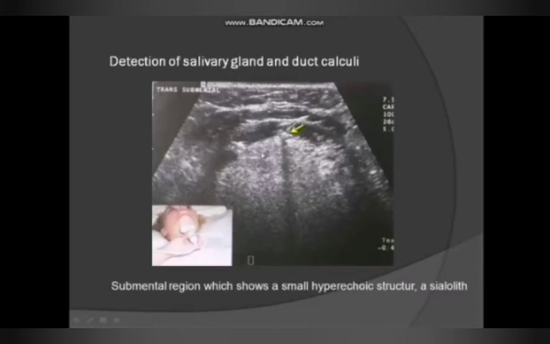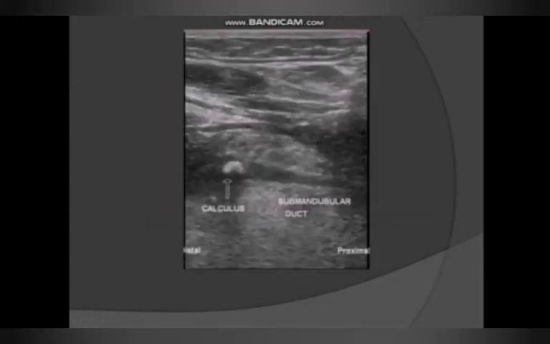As in this picture, we have a submental region which shows a small hyperechoic structure, this condition called sialolithiasis. What is sialolithiasis? It's a condition where a calcified mass forms within the salivary gland and is usually seen in the duct of the submandibular gland. As this picture shows, the calculus is present in the duct of the submandibular gland.